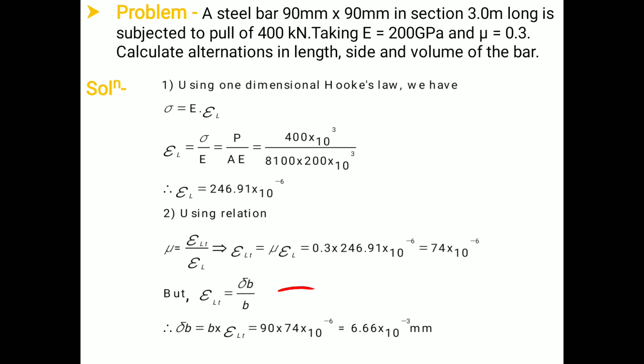Therefore, I have delta B is equal to B into epsilon LT. The value of B is 90 mm and epsilon LT, which we found from the concept of Poisson's ratio, is 74 into 10 raised to minus 6. Therefore, we have the value of delta B equal to 6.66 into 10 raised to minus 3 mm.